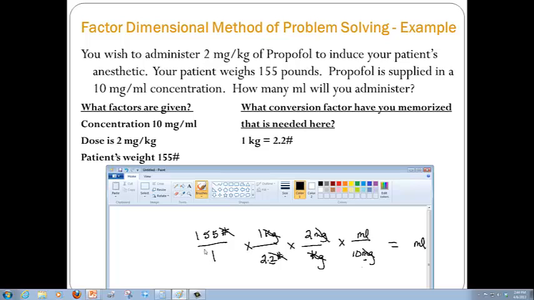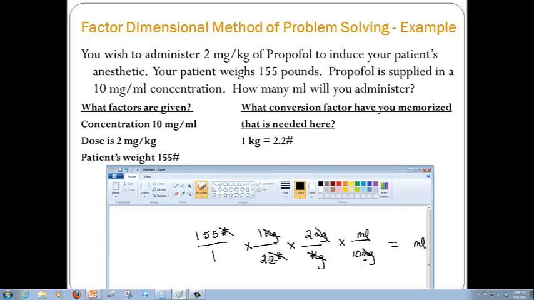If I had inverted this factor, you would be saying that the patient weighs 1/155th of a pound, which we know is not correct. So when you're entering a factor that only has one number, you need to make sure that you consider what you're saying by inserting that factor either in the numerator or in the denominator.